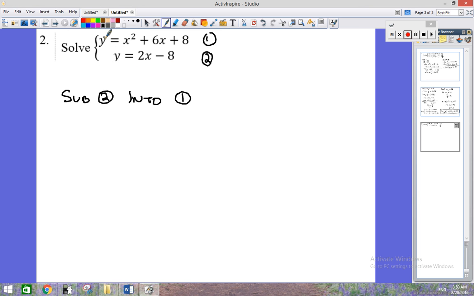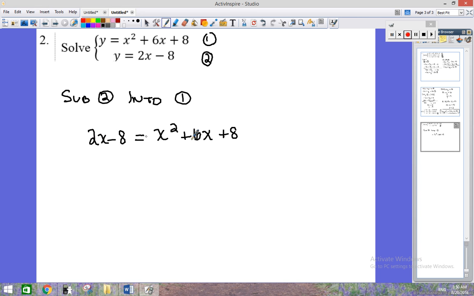So everywhere I see a y, I can replace it. So instead of writing y equals x squared plus 6x plus 8, since y is equal to 2x minus 8, this and this are equal. They look different, but they're the same value. So that equality has to be true if these are the same.